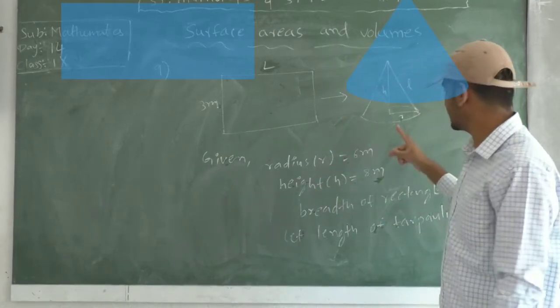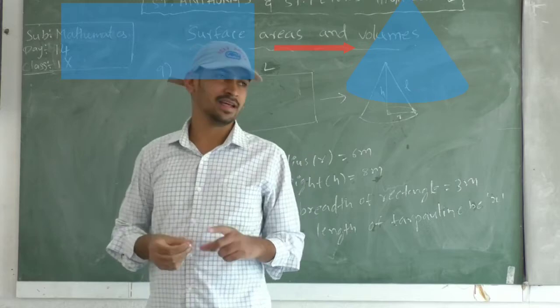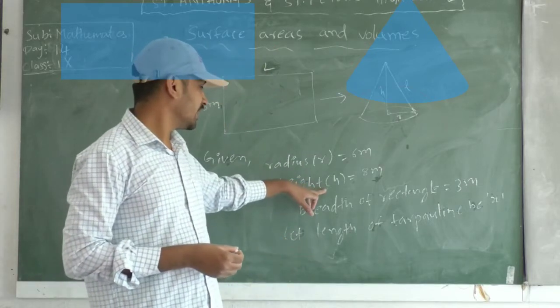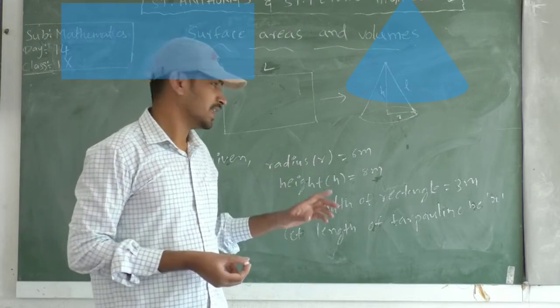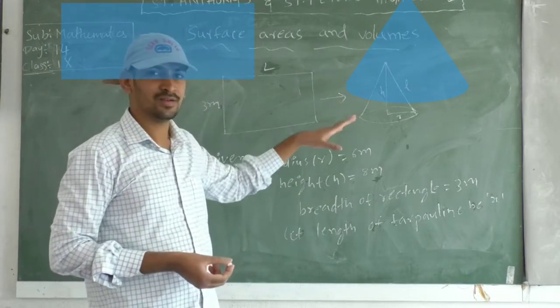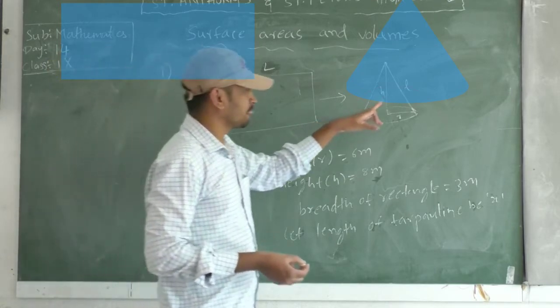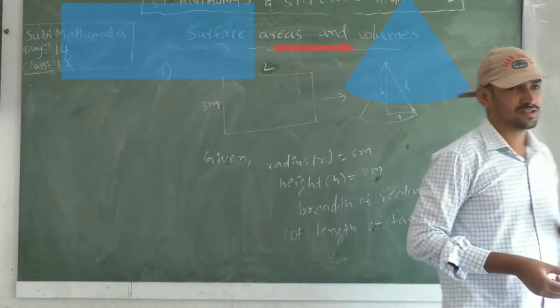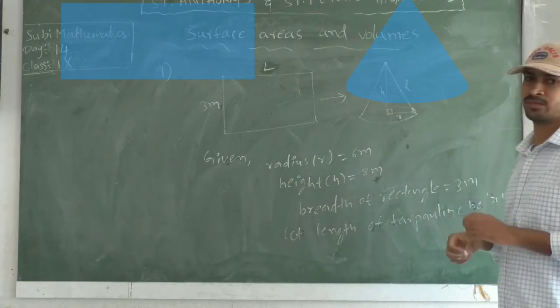So area of rectangle equals CSA of cone. To find the CSA of the cone, we know the formula, pi r L. R is given, H is given, but L is not given. So we first have to find the slant height of the cone. For that we have a relation: L square equals H square plus R square, because it is a right circular cone.